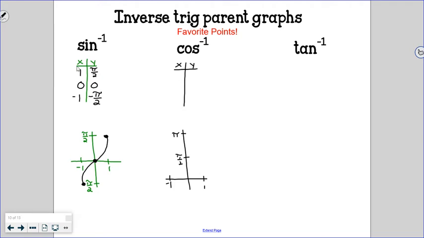Your favorite points would be at 1, 0, 0, pi over 2, and -1, pi. And again, we are looking at the sideways curve of a cosine. So you need to curve away from your y-axis. This would have been the bottom of a valley, and that would have been the top of a hill, right? So curving away to form those valleys and hills.